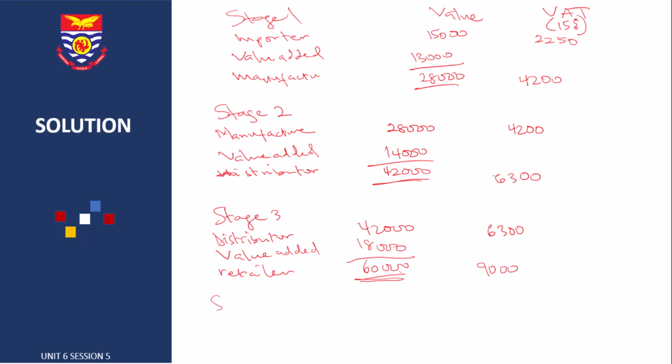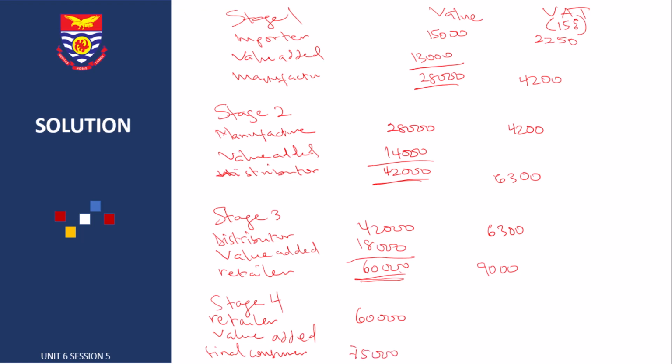Then the last stage is between the retailer and the final consumer. The retailer had it at a price of 60,000 and sold it to the final consumer for 75,000.